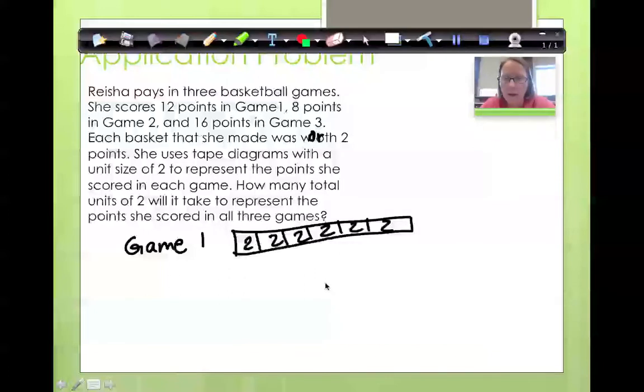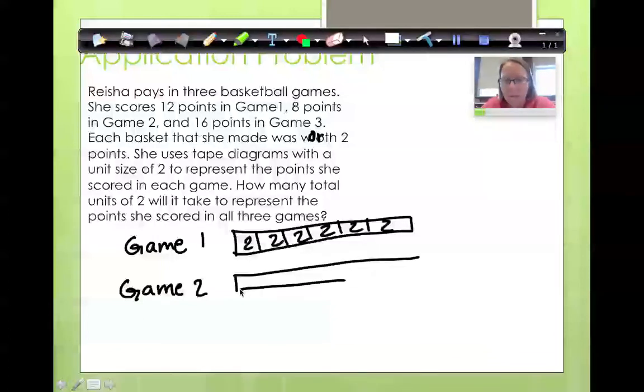Okay, now let's do game 2. Okay, now game 2 she made 8 points in game 2. Okay, so how many groups of 2 will I need? 8 divided by 2, that would be 4. Let me erase my extra.